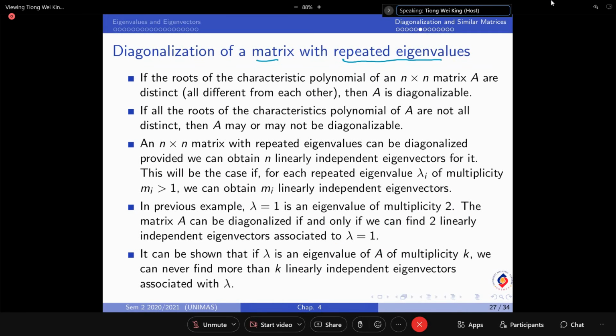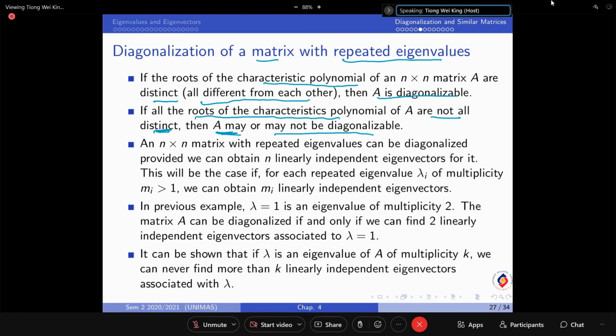Now, the first statement: if the roots of the characteristic polynomial are distinct, meaning the eigenvalues are all different from each other, then A is diagonalizable. So there is no question for distinct eigenvalues. Now the problem comes when the roots are not all distinct, and A may or may not be diagonalizable.